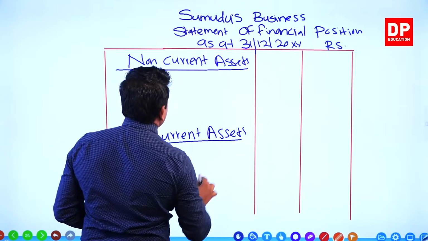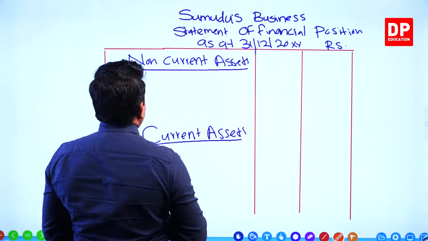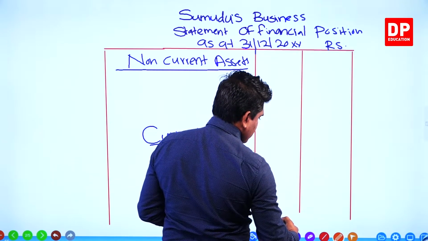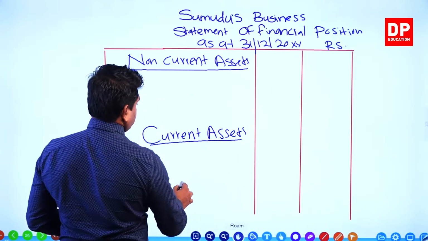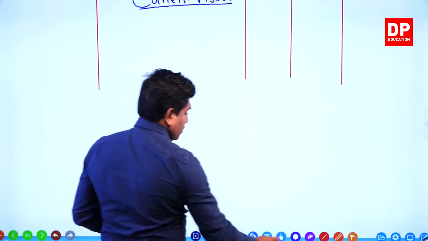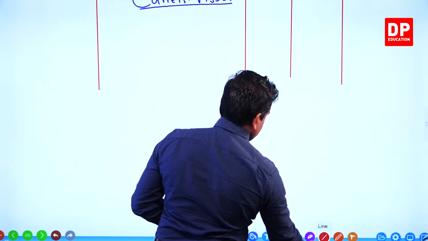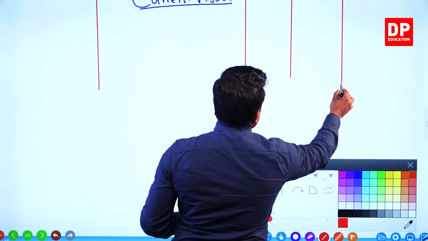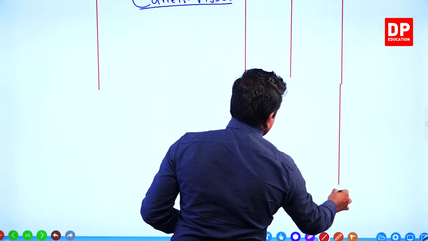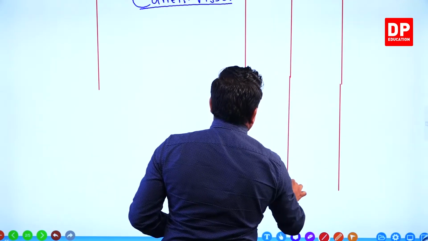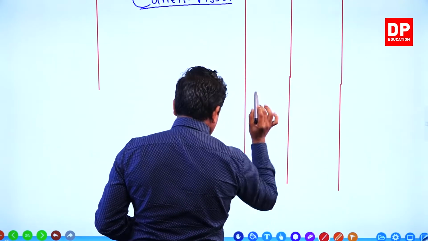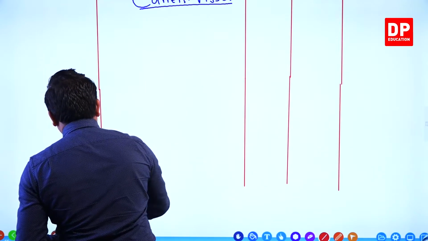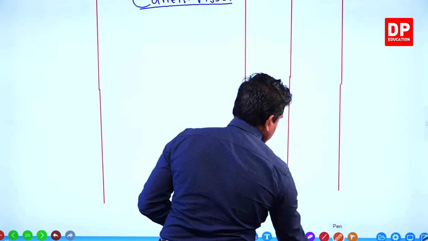Then what you do? After writing the two headings, we continue to the next area, the down area, right? How? You expand the lines, you expand the format. In this area we write what? Capital plus liabilities, right? Then how?